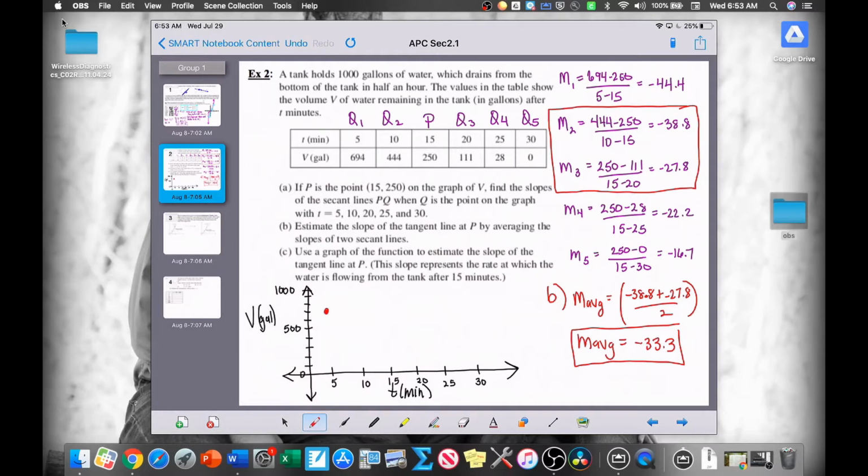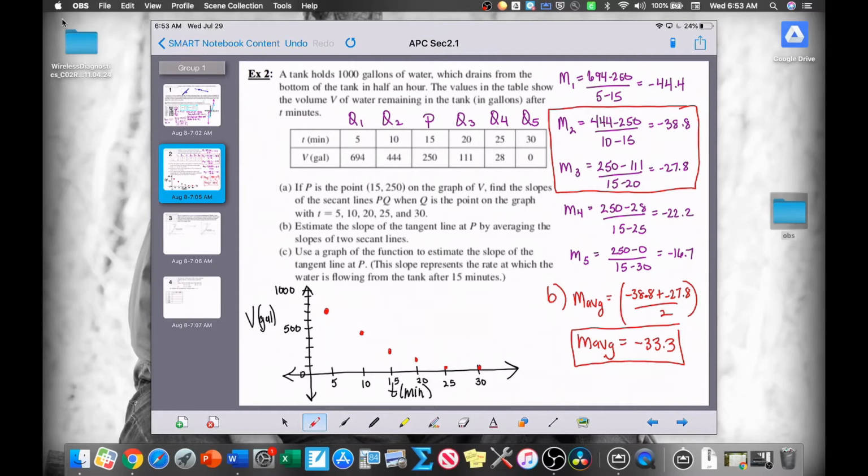After 10 minutes, 444. After 15 minutes, 250. After 20 minutes, 111. After 25 minutes, there's 28. And after 30 minutes, we're down to 0. So you can kind of see that gently sloping curve that looks a bit like exponential decay.